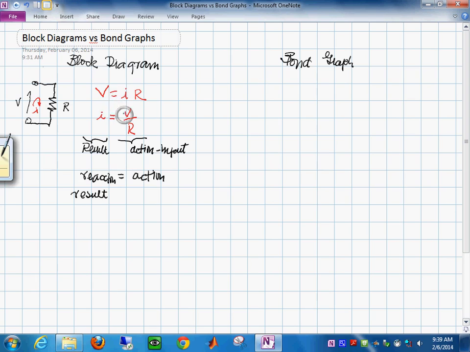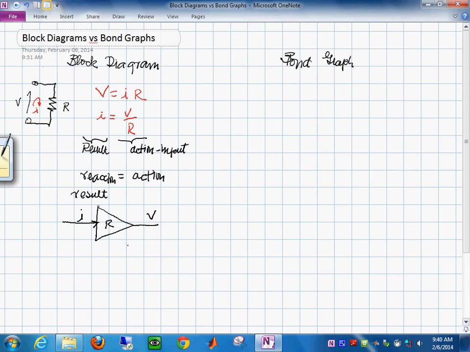Isn't it true that if we represent this in a block diagram, the way it works is you put first the input, and then later on the output. So if we represent this equation in block diagram form, because block diagrams are the graphical representation of equations, it follows that what you need to do is to say this is I, and I put it through a block that does a certain operation with I, in this case multiplies with R, and out of it comes V, right?